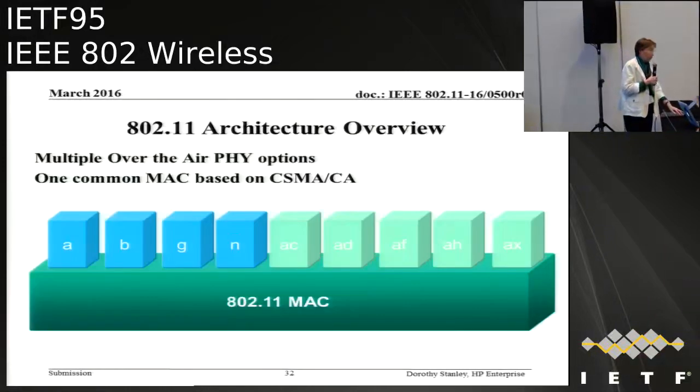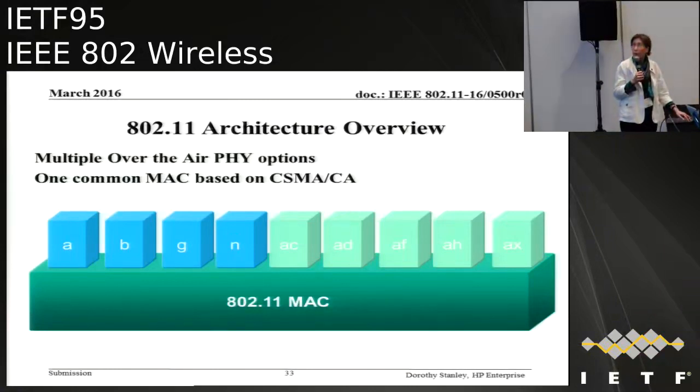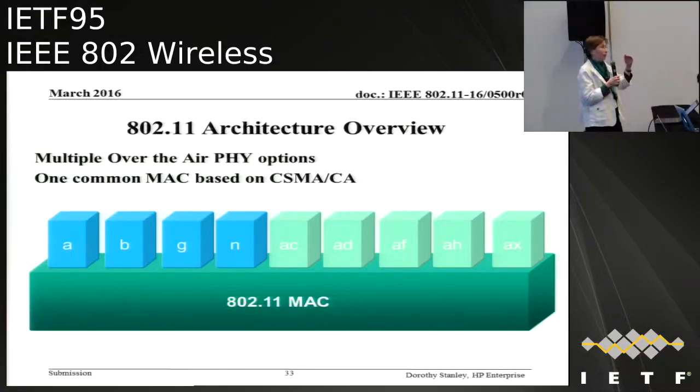The basic architectural overview, where there's a single MAC and all the different PHYs that run on top of that. This picture is changing with AX because the MAC will be extended, so there really will be, I don't know if I'd say totally multiple MACs, but there will be significant extensions.